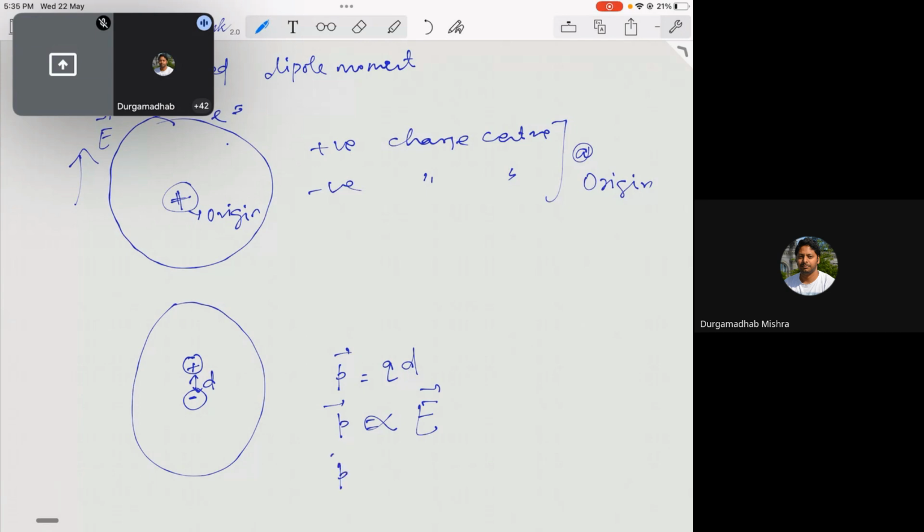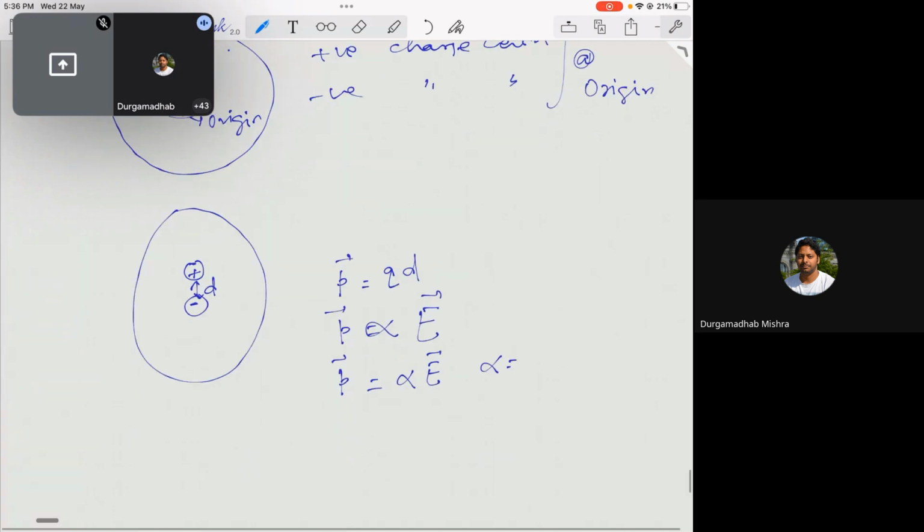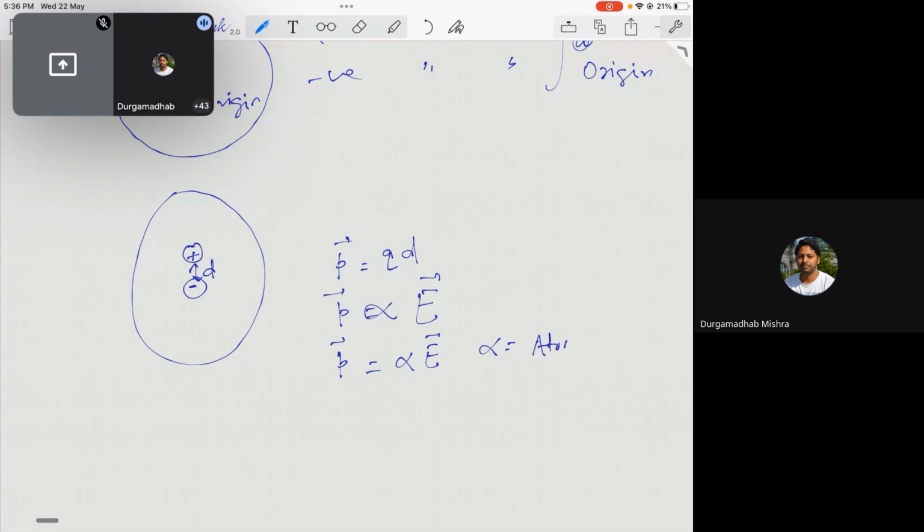And what will be this proportionality constant? That is known as alpha, so p equals alpha E. Alpha is the proportionality constant, known as the atomic polarizability. The atom is getting polarized due to the electric field. This is a linear relation, as you can see here. If you apply a very strong electric field, it can become quadratic, or even higher order terms might appear.